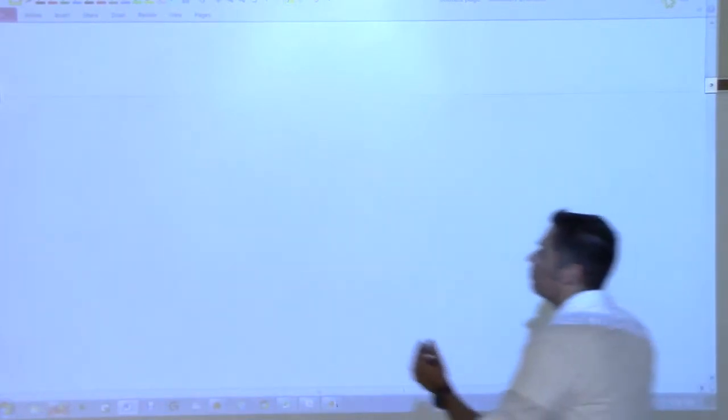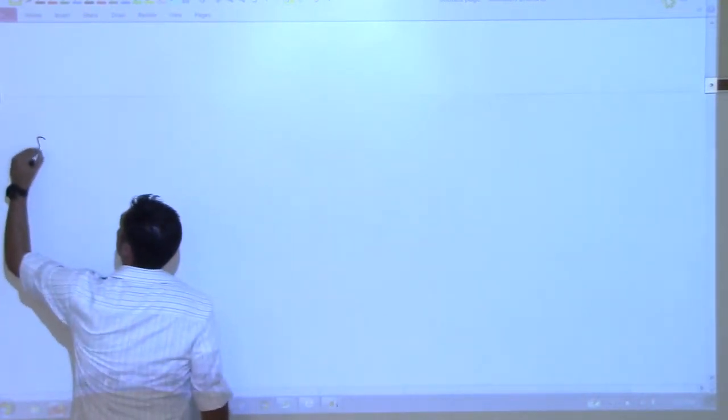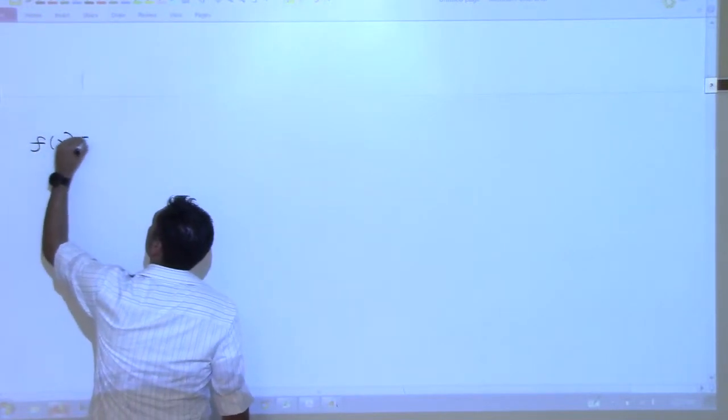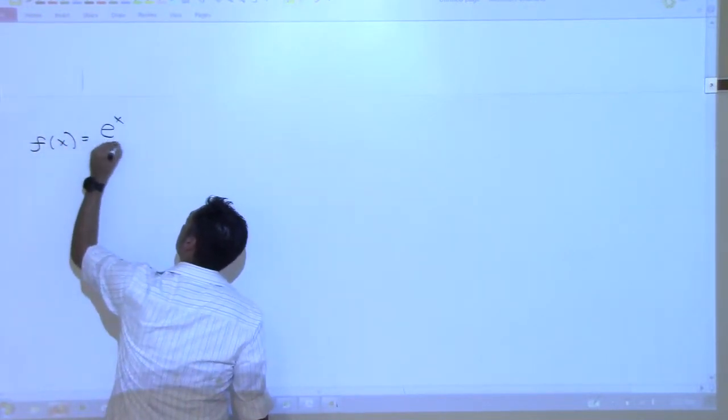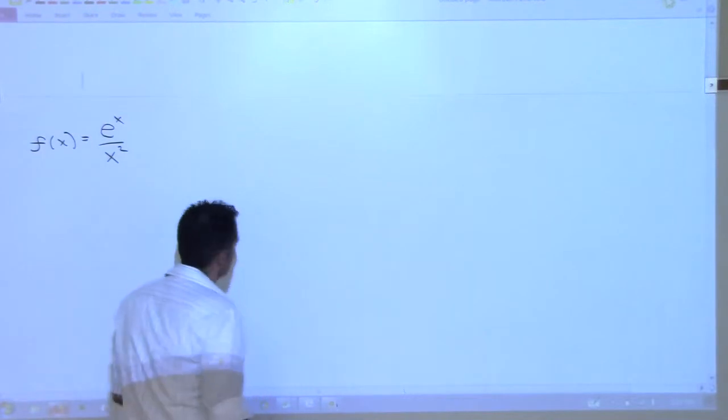Let's take a look at e to the x over x squared.